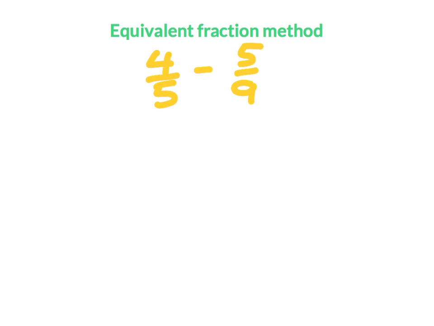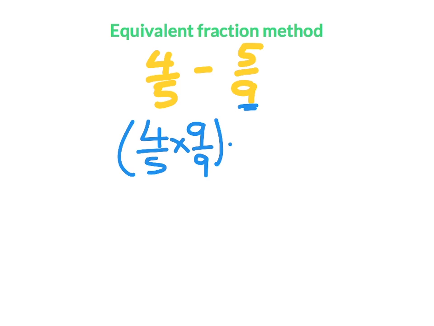So in the case of 4 over 5, which is the first fraction, you multiply by the opposite denominator, which is 9. So that's 4 over 5 multiplied by 9 over 9. Put that in a bracket, minus, then 5 over 9. Remember, you want to multiply with the opposite denominator. That's 5 over 9 multiplied by 5 over 5.